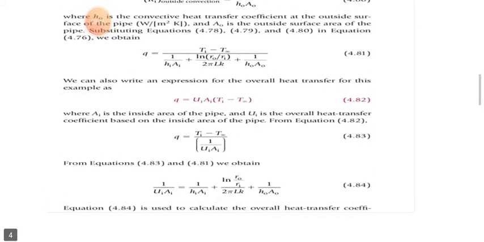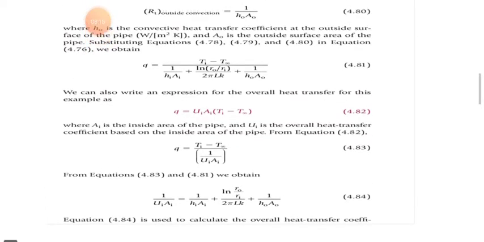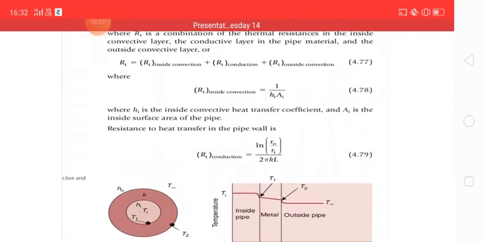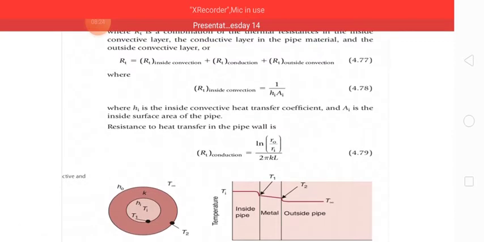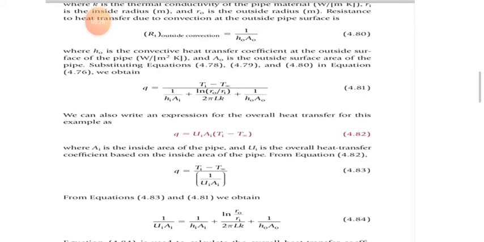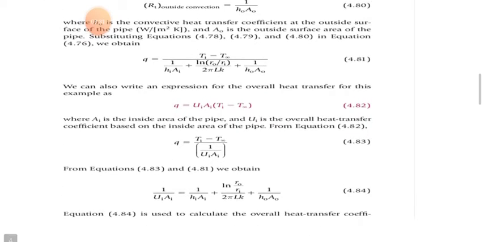RT is equal to the R inside convection plus R conduction plus R outside convection. So all these values have been placed in this equation. So Q is equal to Ti minus T infinity upon the sum of all these values.